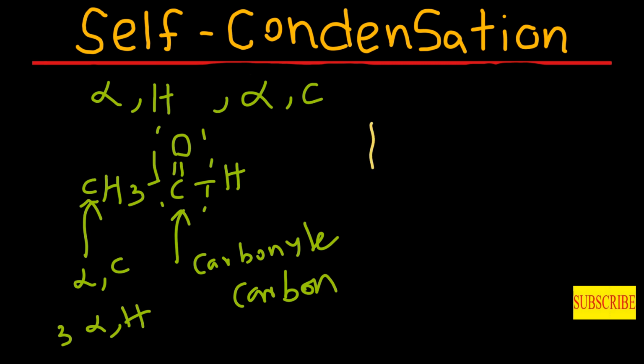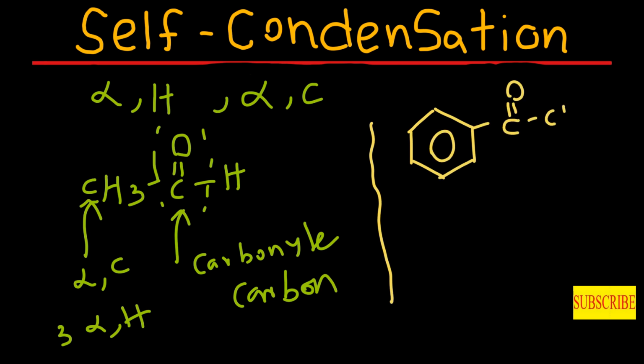Then consider this one. This one is known as acetophenone. This acetophenone comprises 2 alpha carbons, because we can see this carbonyl carbon is attached to 2 carbons.